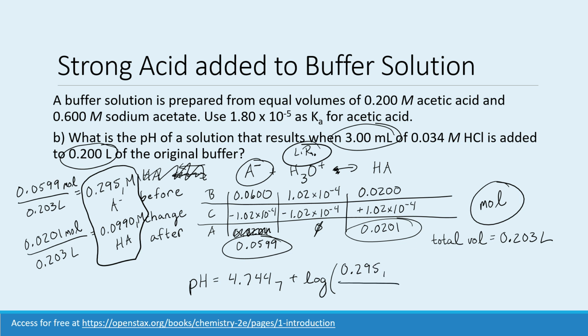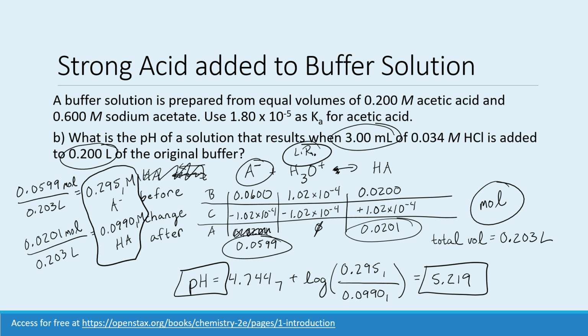So that's in concentration as 0.2951 divided by the concentration of the weak acid. That's your 0.09901. Okay, plug all of that in. You'll find that you'll go out to 3 decimal places for both of those values. And so the pH becomes 5.219.